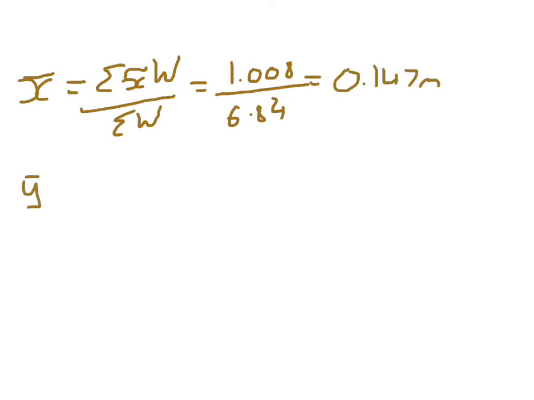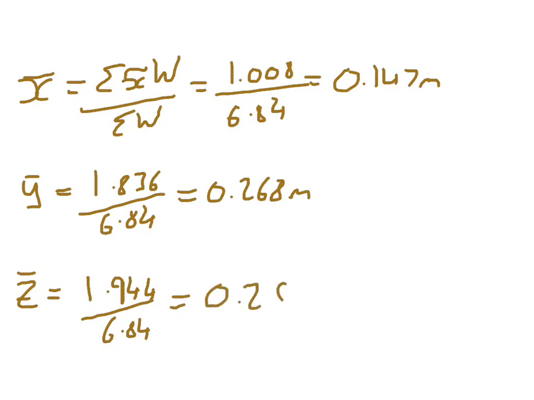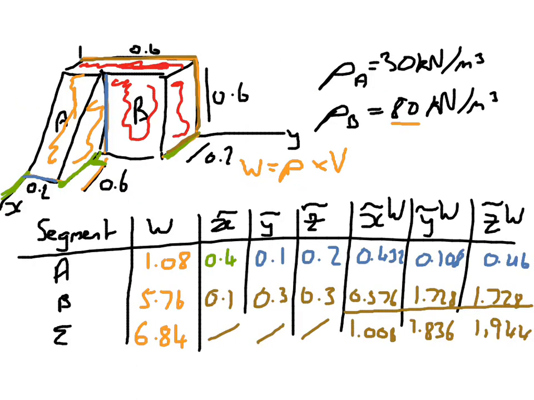My Y bar position is going to be 1.836 over 6.84, which is 0.268 metres. My Z bar position is going to be 1.944 over 6.84 metres, which is 0.284 metres.